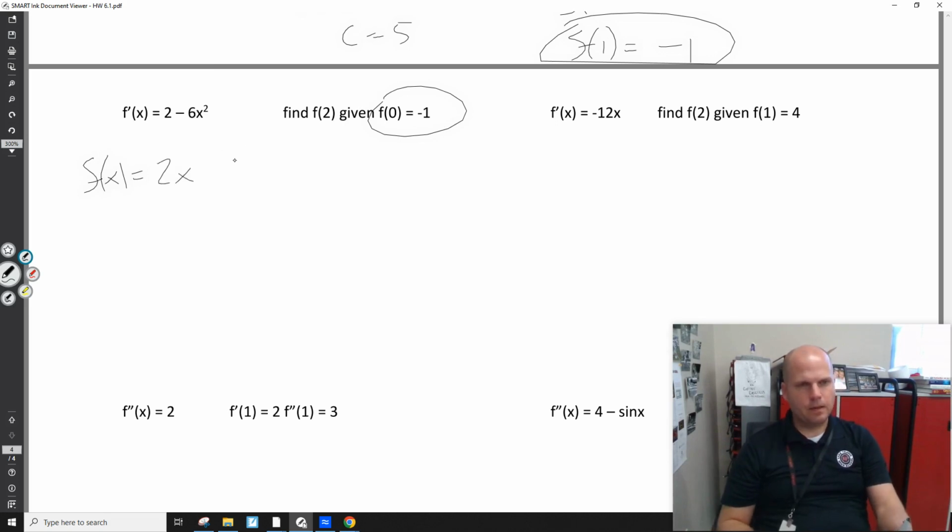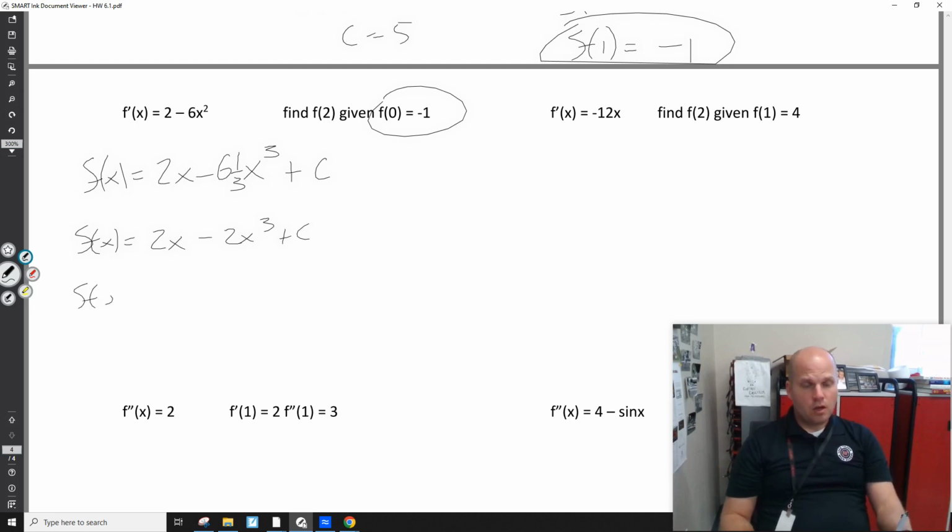Now we're doing that. Leave the constant, multiply by the reciprocal, incorporate the constant. Don't forget your plus C, or else things are going to be wrong. I'm told f of 0 is negative 1. C's got to be a very specific number then. So 2x minus 2x cubed plus C. If I plug in 0, that's 0, that's 0, that's C. That has to equal negative 1.